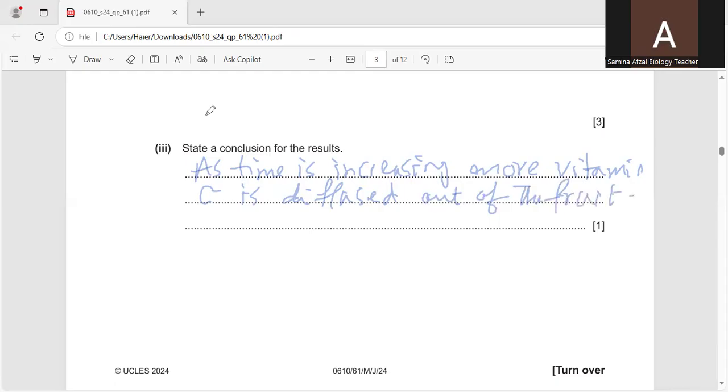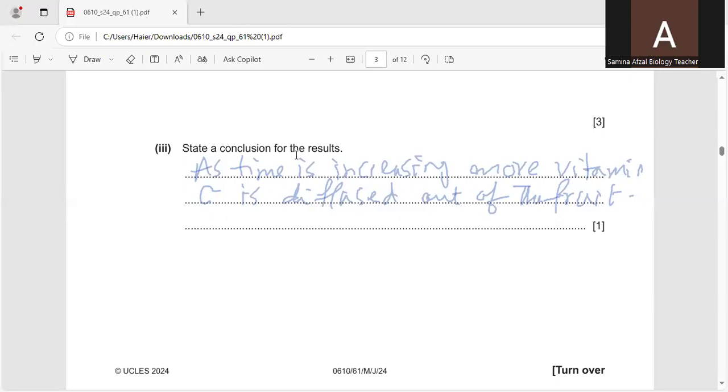It means a greater volume of DCPIP is used to make it colorless. So in this way, there is more diffusion of the vitamin C out of the fruit as time is increasing. So it was the conclusion of the result.